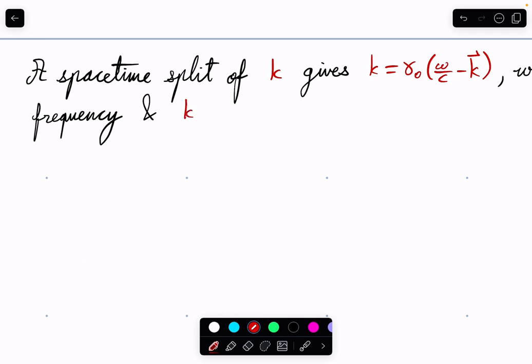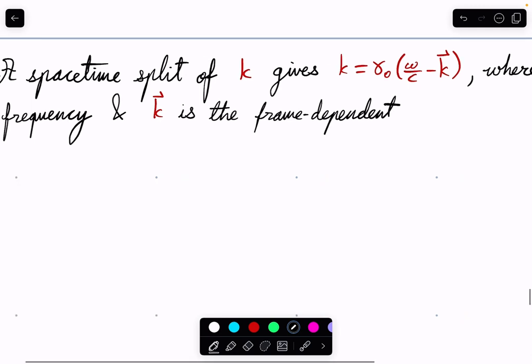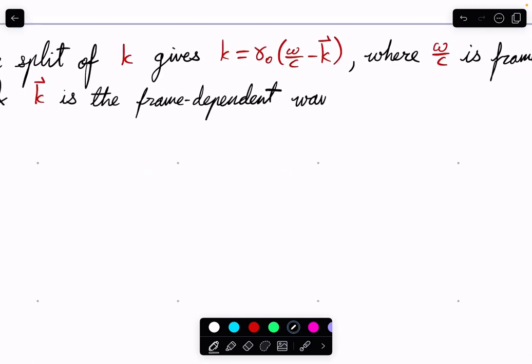and k is the frame dependent wave vector.